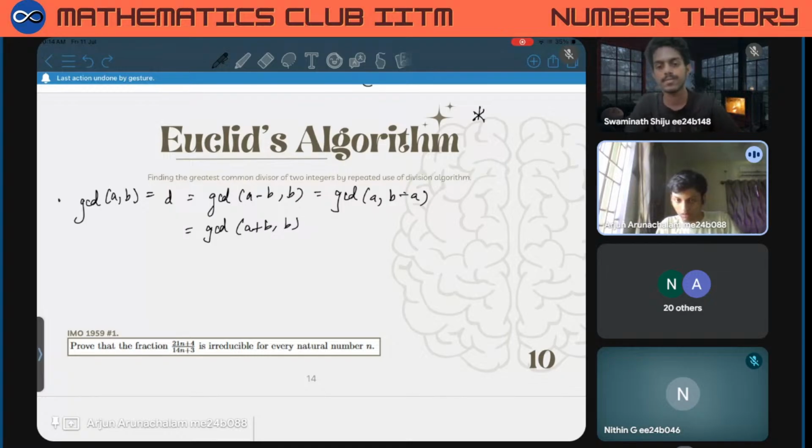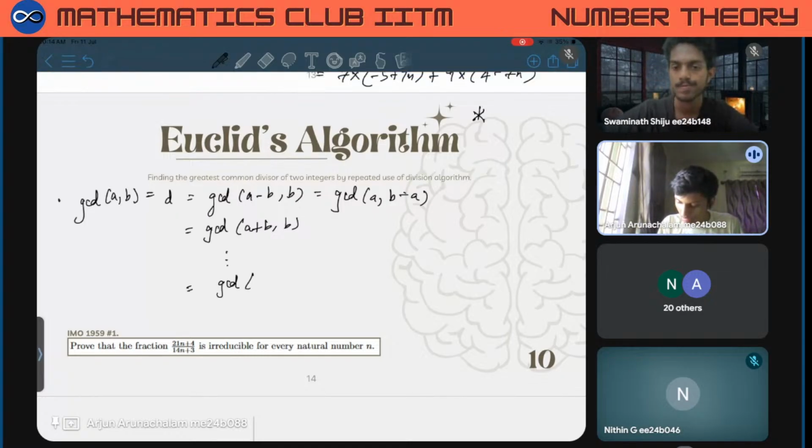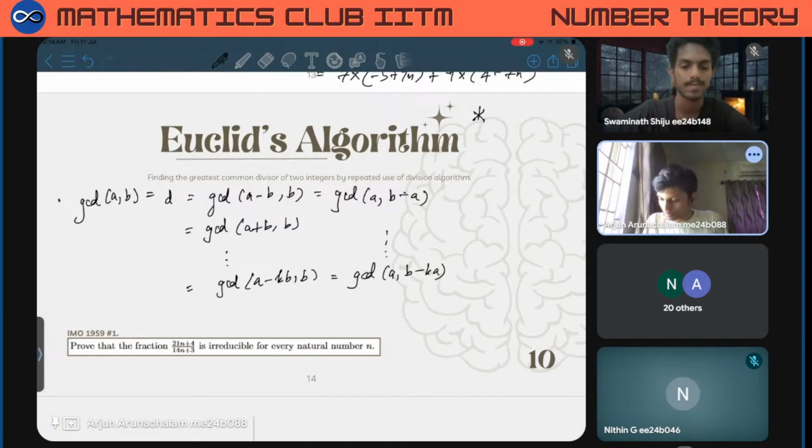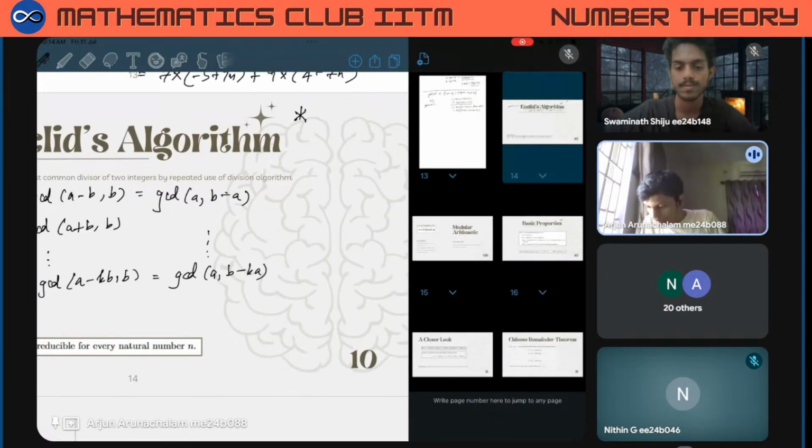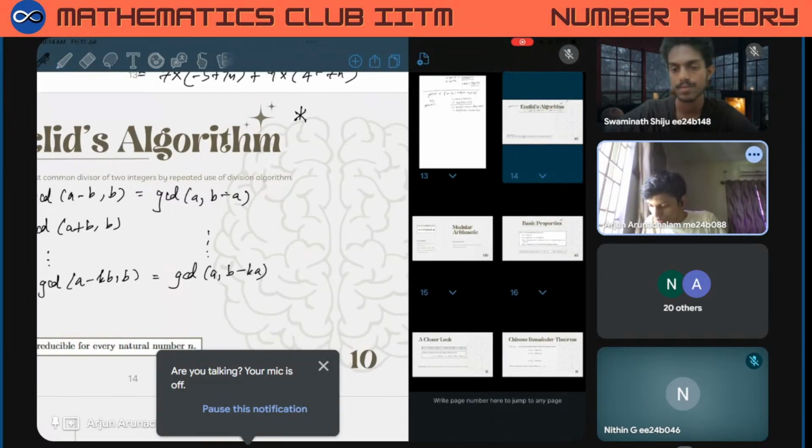So you can see that if you keep applying this, it goes to GCD of a minus kb and b, and GCD of a comma b minus k, and so on. So let us prove this.